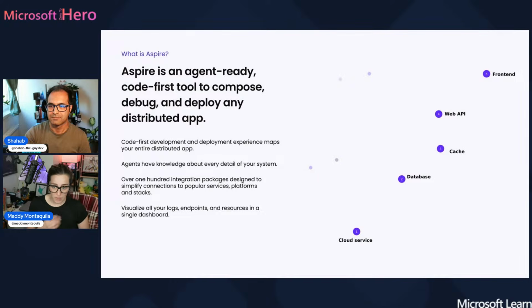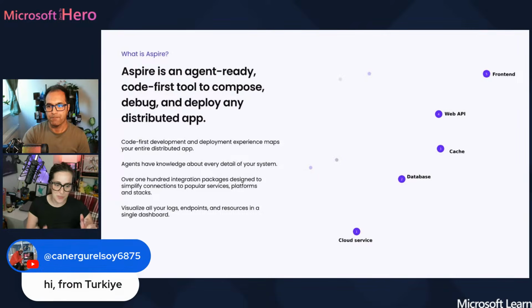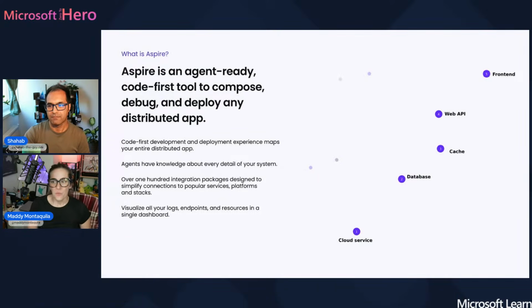So we're making sure that the tools we give you to build your distributed applications are ready for agents to use, and also still valuable in a world where hypothetically you can just type something into a prompt and it will just do it for you. What's the point of a developer tool then? Why do we have editors? There's this whole existential crisis. But Aspire actually makes your agent way better.